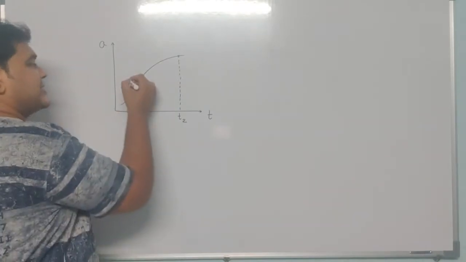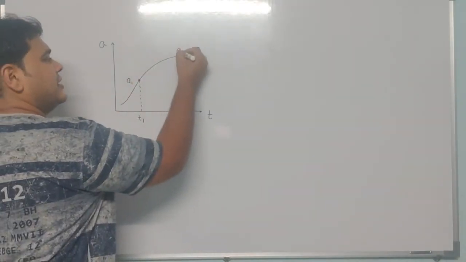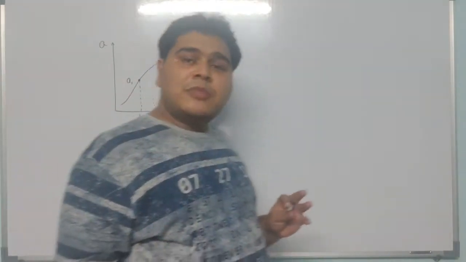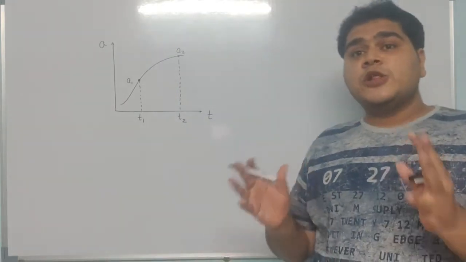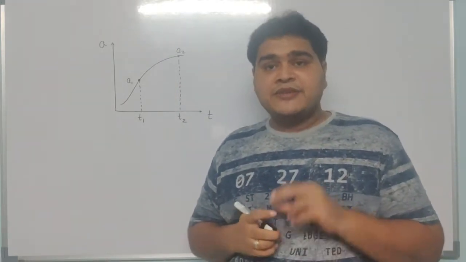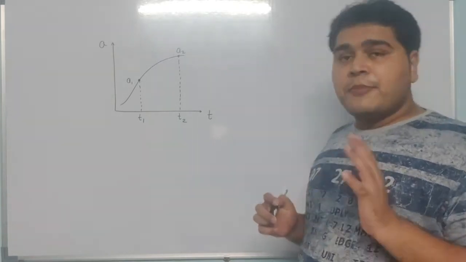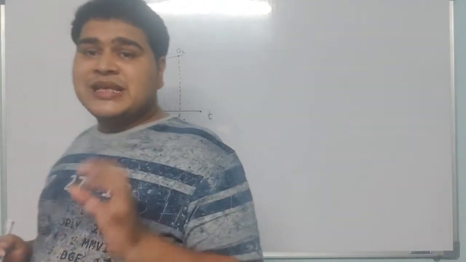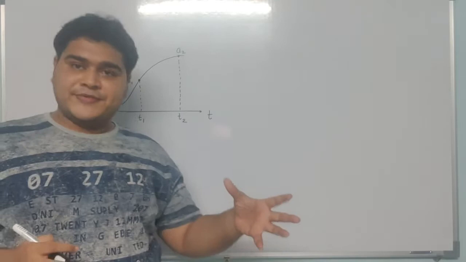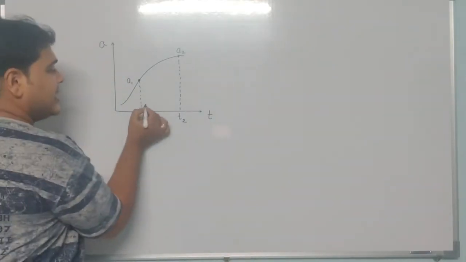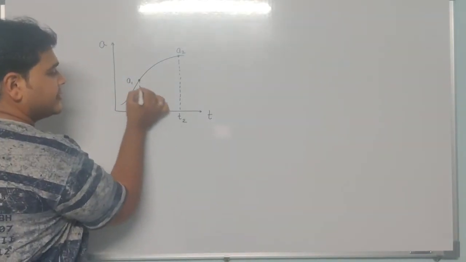Definitely there is an acceleration over here, A1 and A2. Now here my aim is to find the velocity. So guys, the velocity over here can be represented using something called the area under the curve. Yes guys, the area under the curve, this area.